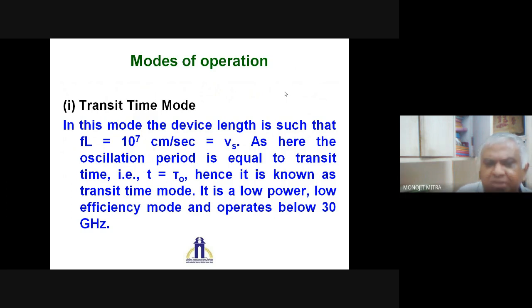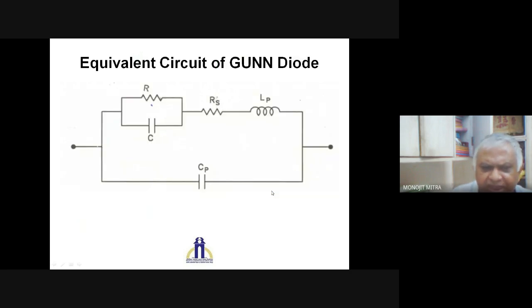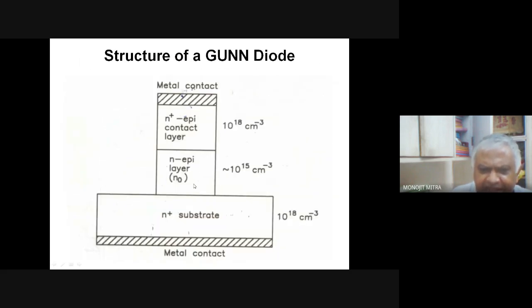Therefore, when you have applied your voltage and your charge carriers start to flow with their normal velocity, which is 10 to the power 7 centimeter per second, that is the maximum value of velocity Vs. If this N layer has the length L, because that is the active layer, how much time will electrons or charge carriers take to cross the N layer from this side to that side?